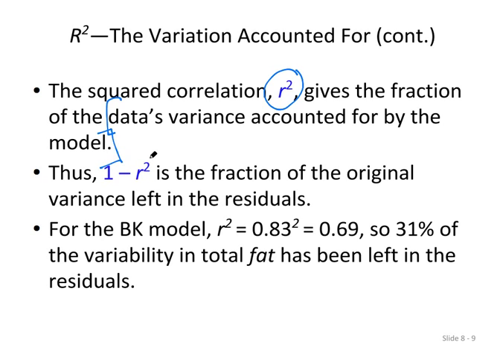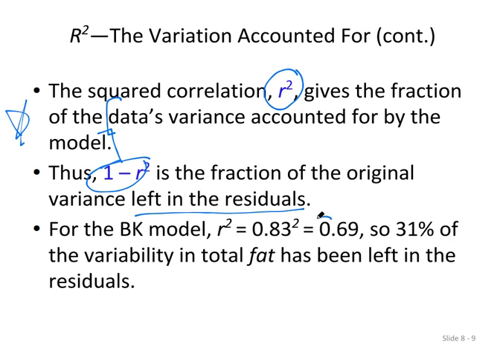Okay, 1 minus that is the variance that's left in the residuals. Right here is more often than not what you're going to have to be looking at. You will have to look at the variance, which is squaring the correlation, and then be able to talk about what that means as far as the line and the points that are not on the line. Okay, so here R is 0.83.